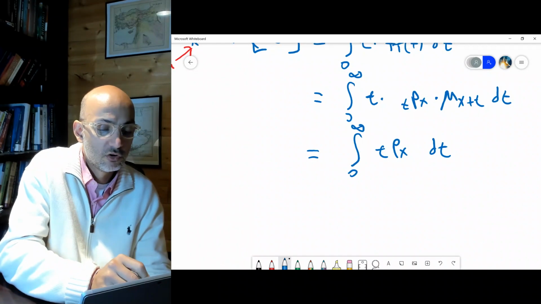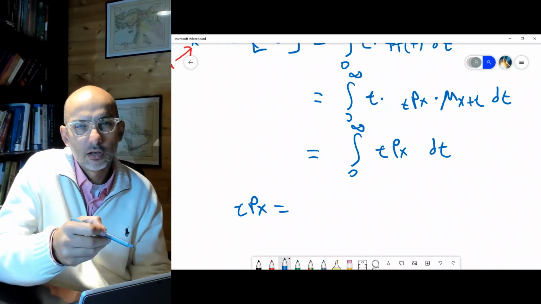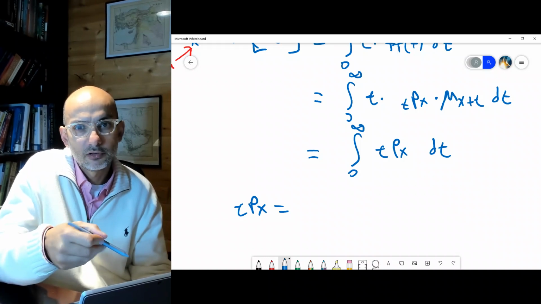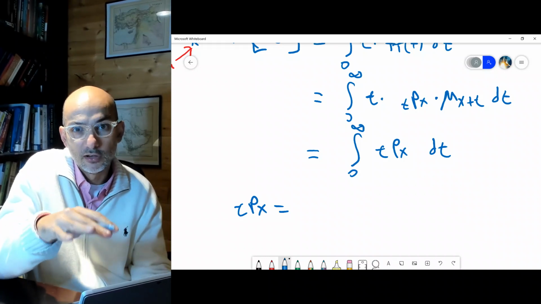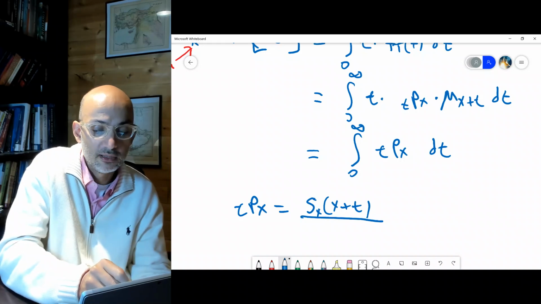But just to recall what t p x is from last time, we said anything related to remaining future lifetime is conditional, so you have to divide by something. It's the same as if we use S of x plus t. Now this is the complete life one, S of x, not S of t. We need to divide it by S of x.